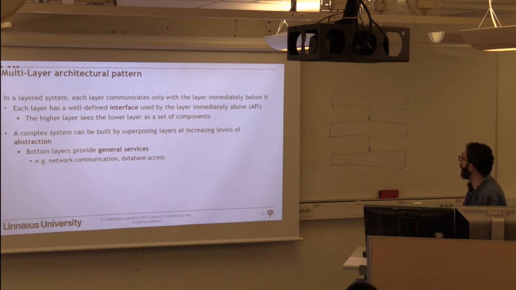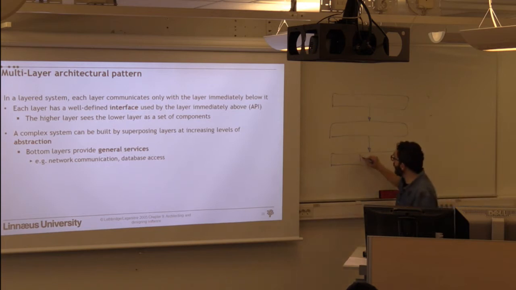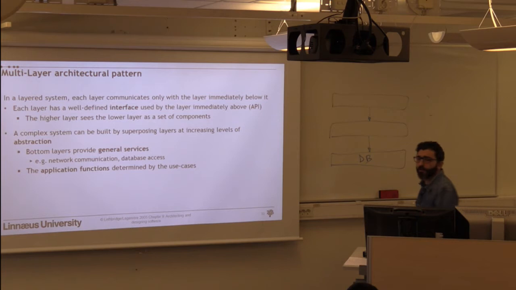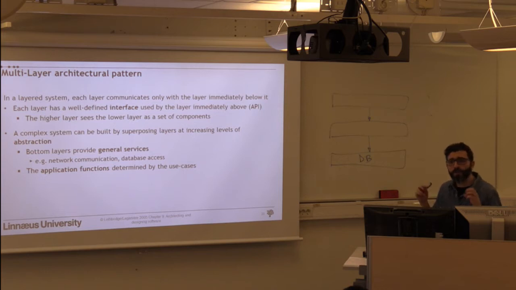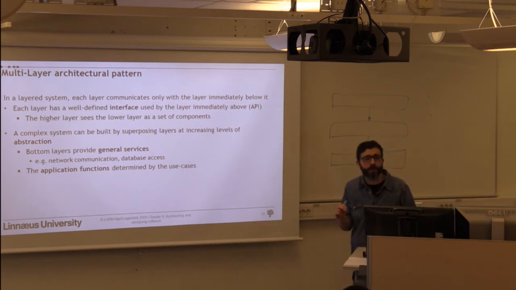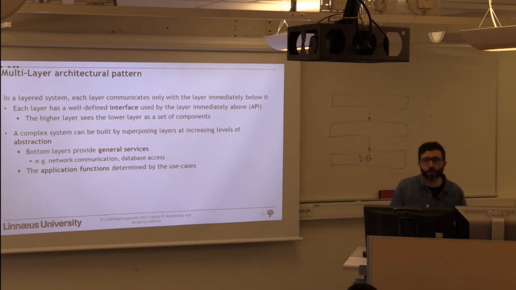In fact, this is the usual three-tier architecture, where you have the database at the bottom layer. Then the application functions implement the business logic, the set of functionalities that are specifically related to the application that you are building.